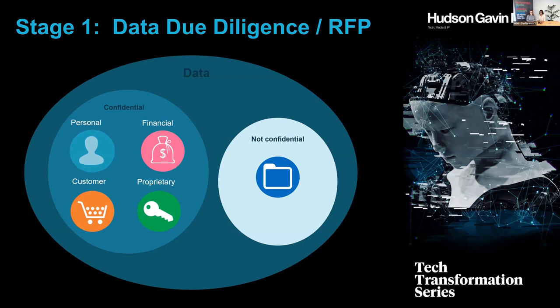Now, you will all, I'm sure, be aware of your obligations under GDPR. If you are a business that either provides goods or services to data subjects located in the EU or monitors the behaviour of data subjects in the EU, then you will be subject to the extraterritorial application of the GDPR and will need to take into account your obligations when you are looking at a tech transformation project that involves that subset of data.